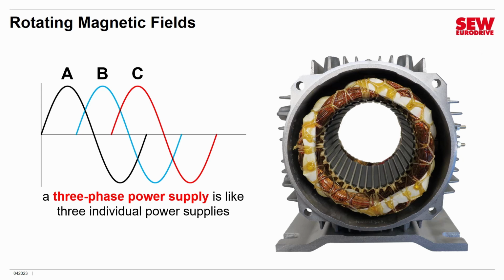Well, a 3-phase power supply is 3 power supplies, each generating a single sine wave of rising and falling voltage and current, and those 3 power supplies are not working in unison. They are slightly shifted in time with respect to each other. That means that when they're operating, they're all at different places in their rising and falling cycles.